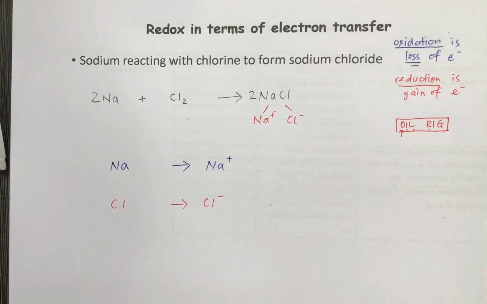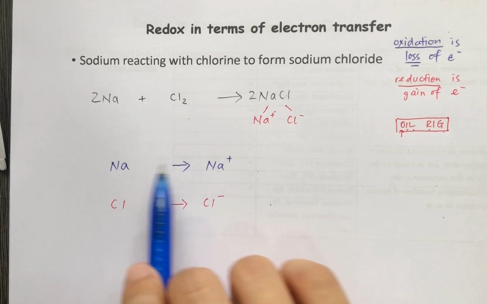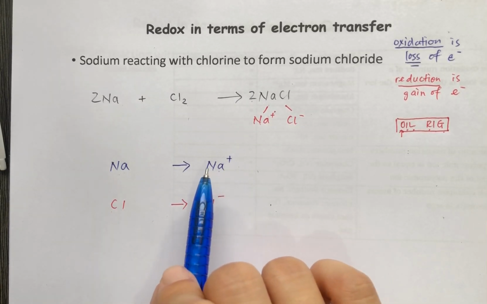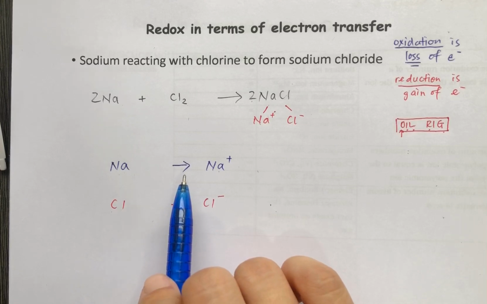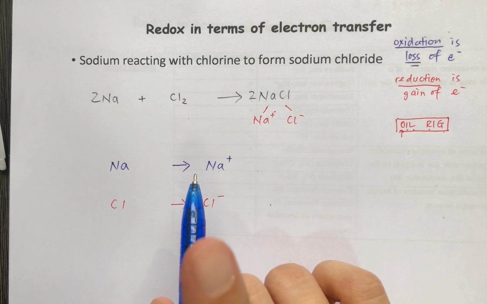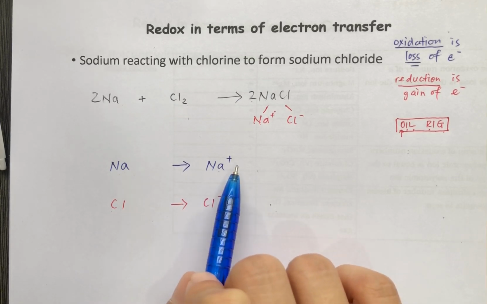So now you ask yourself a question. If Na suddenly becomes positive, is it because it has gained electron? No. If I gain electron, I should be negative. Am I right? So Na did not gain electron, because if it gained electron, it should be negative.